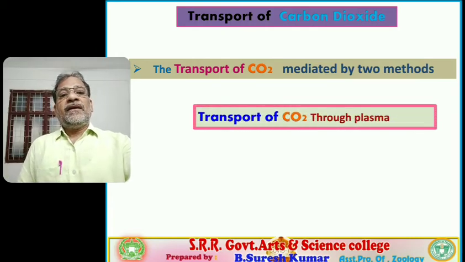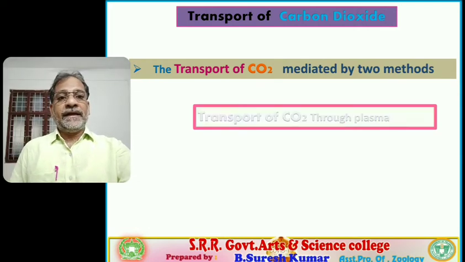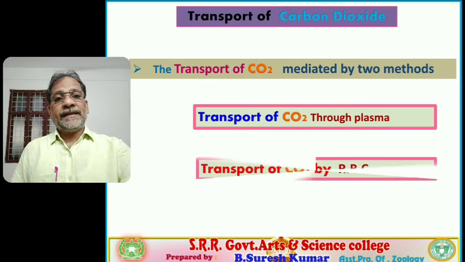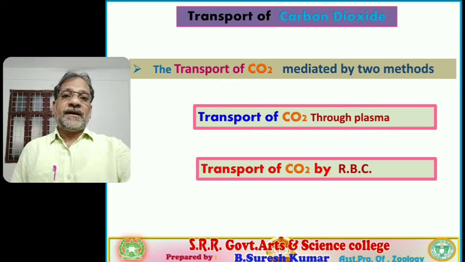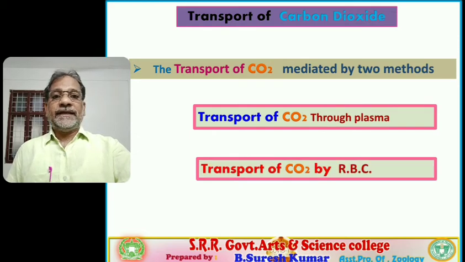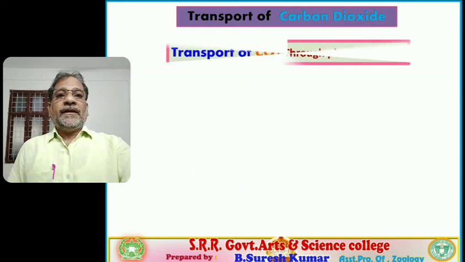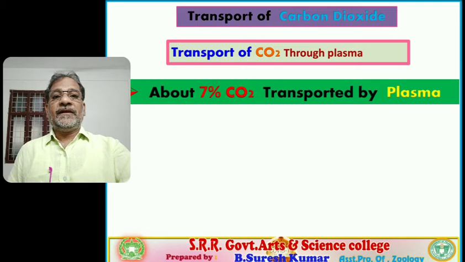They are transport of carbon dioxide through plasma and transport of carbon dioxide by erythrocytes, RBC, red blood corpuscles. The transport of carbon dioxide through plasma, in what way is it achieved, let us see.